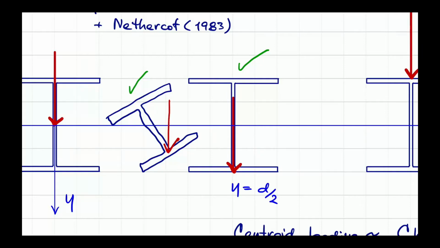It produces a good effect, good behavior, because you apply load right down here. If this is the centroid, you are having the moment arm. This moment arm, along with the load magnitude, is going to produce this moment, and this moment is opposite to the lateral torsional buckling. So this one is the stabilizing moment.